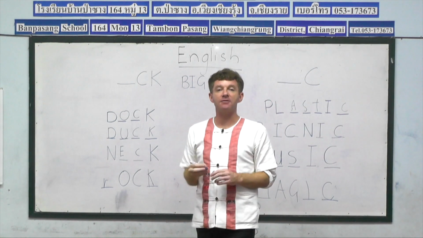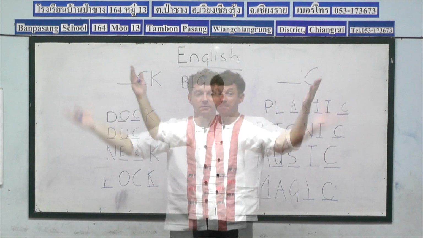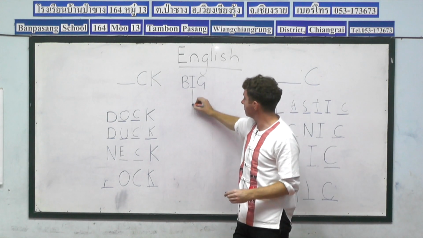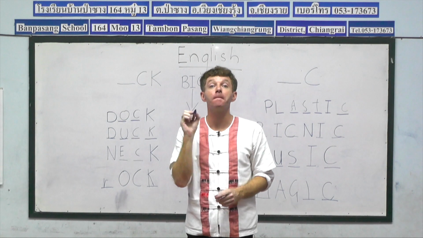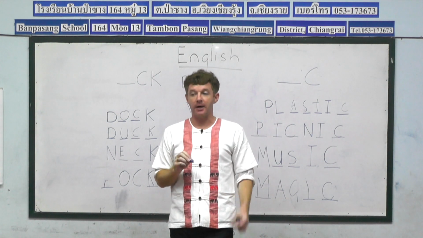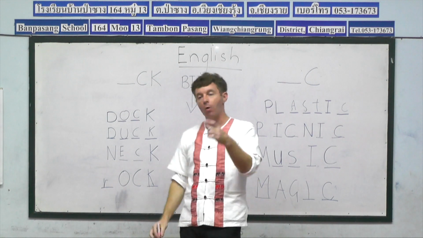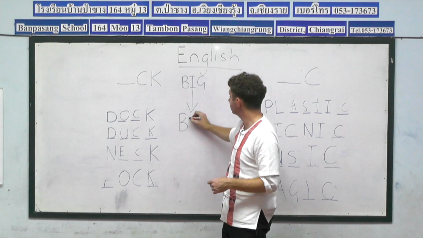Big is the adjective. But what about if we're talking about bigger? Yes. We have to move the adjective into something called the comparative. And comparative means when you compare two objects. And what we need to do is we need to expand on the adjective.